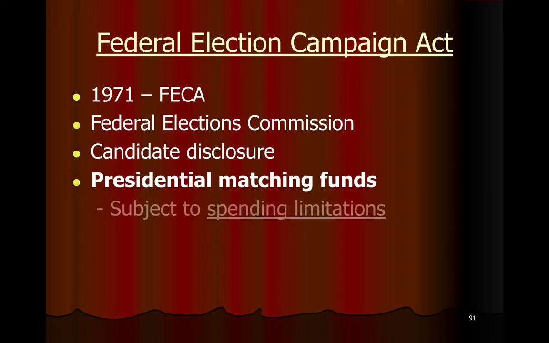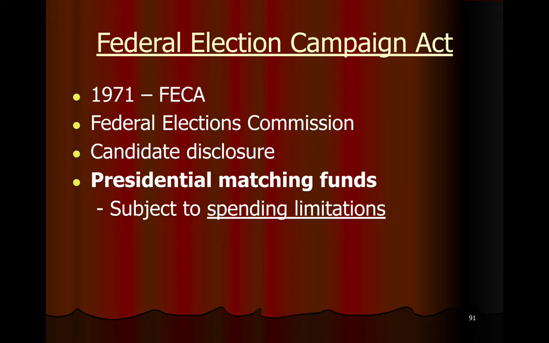So let's say that presidential matching funds, let's say there's $50 million. If you are a legitimate candidate for office for the presidency, that typically means that you would have to be a Republican or a Democrat. The federal government would give you $50 million to run if you chose to accept that money.